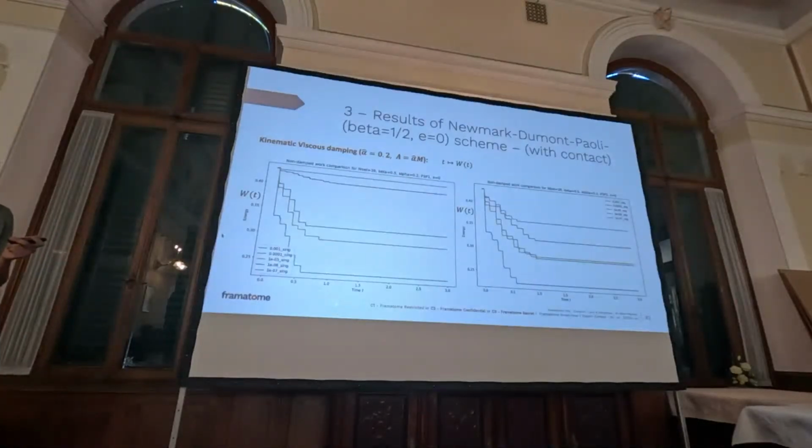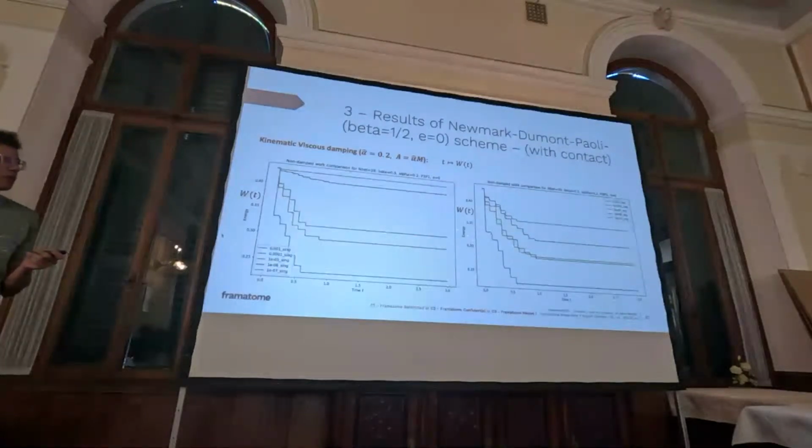And we can clearly discern the two energy balances. As for the regular mass matrix, we see also a convergence to a constant function, but in a very slow way.